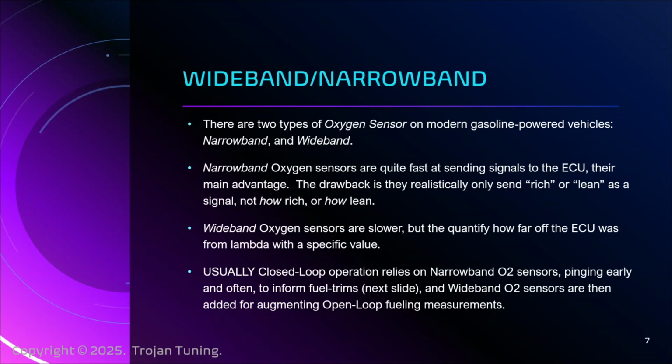It's not quite the same thing, but with fuel trims, it's similar in that in closed loop, we're constantly making small adjustments to the fueling. The more adjustments the ECU has to make, the less it is operating at the highest possible efficient power.